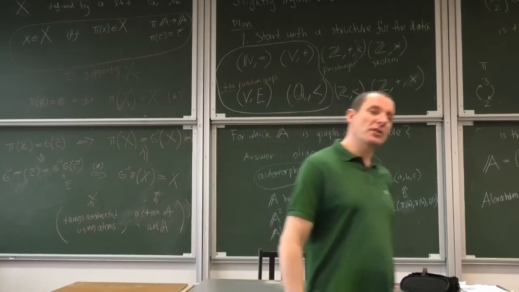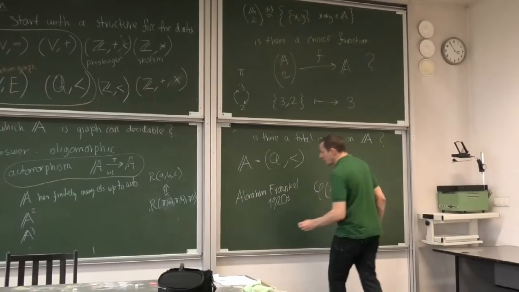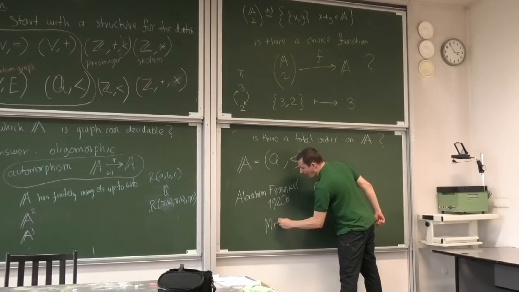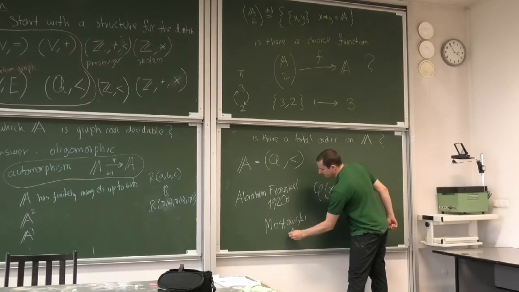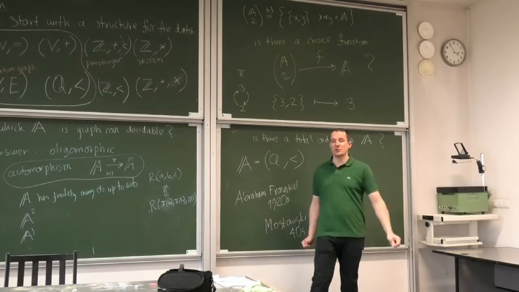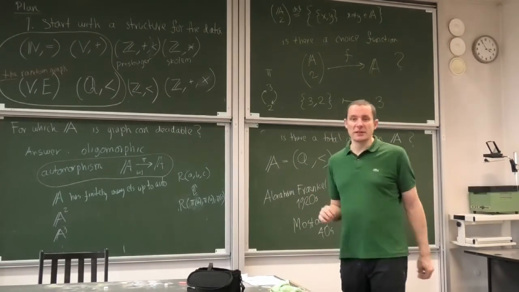And then this stuff continued for some time. This was picked up by Andrzej Mostowski in the 40s. And he did some interesting work there as well. He considered stuff with orders and stuff like that.